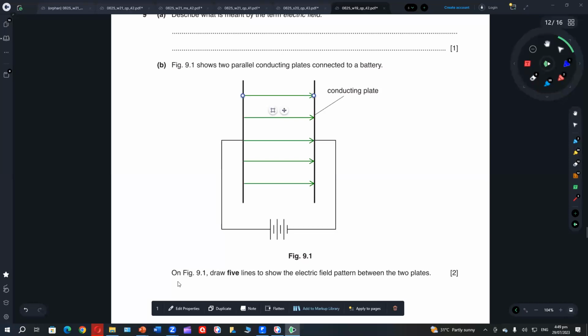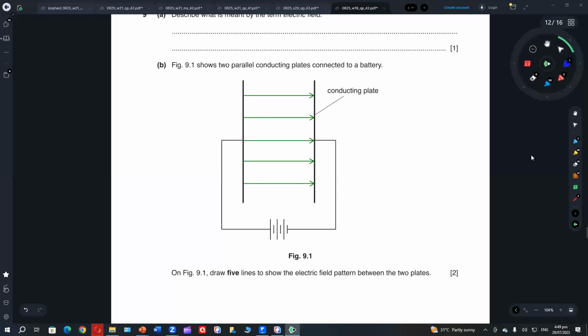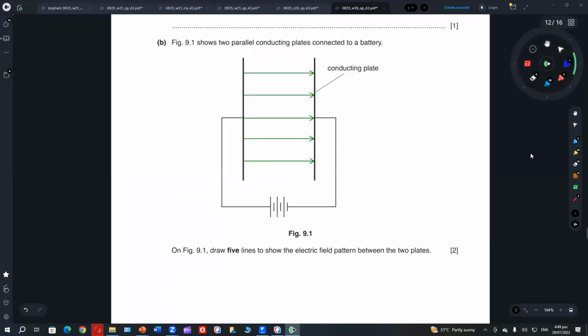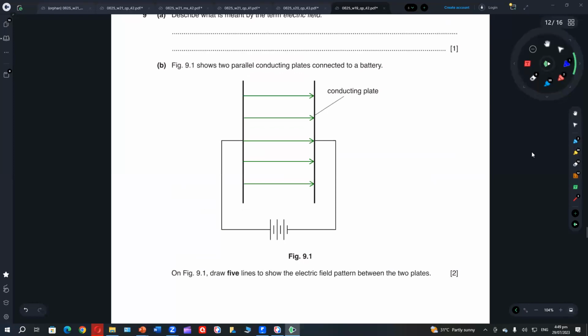This is how I'm drawing. And remember to use a ruler. Examiners accept only straight lines. Okay, sir, done.